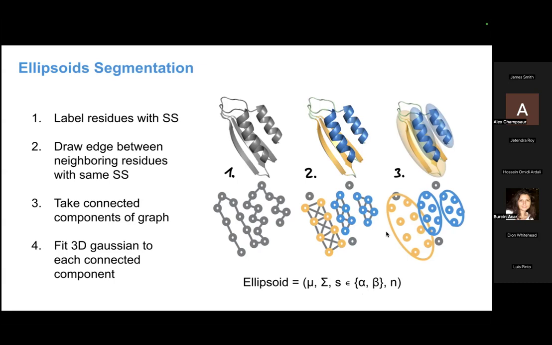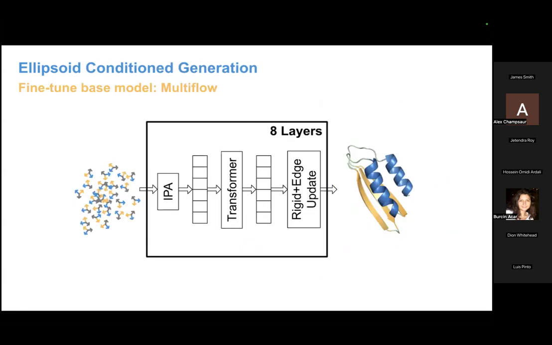Good. We now have learned how we can take protein structures and extract ellipsoids from them. So we can train our model with them, right? And here we first have a little visualization of what our model is. That's the original MultiFlow model, and we need to feed the ellipsoid information into that model somehow.